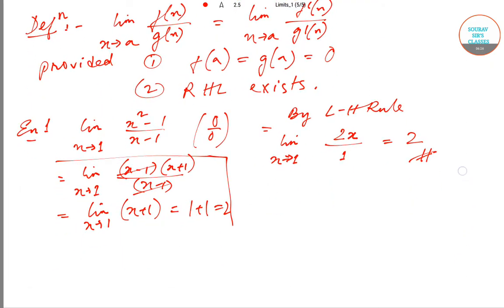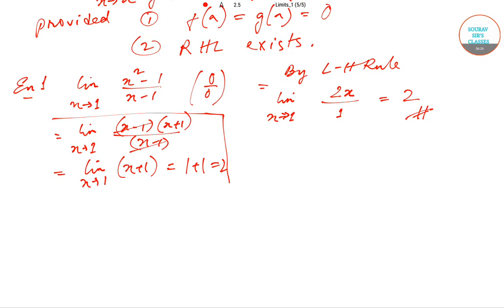Now let me use another example to show you the variety of questions that are available. Let me take the limit of cos x minus 1 by x square as x tends to 0. If we put x equal to 0, cos 0 is equal to 1, so 1 minus 1 is 0 on the numerator, and 0 squared is again 0.